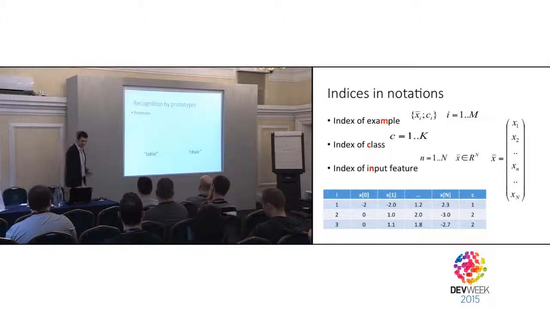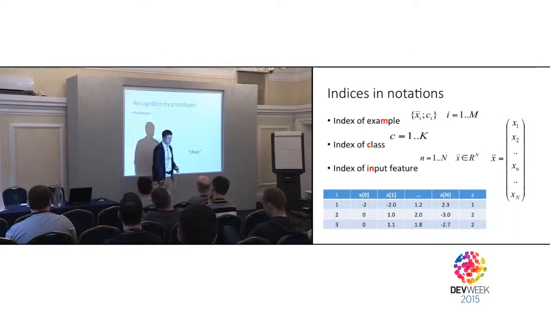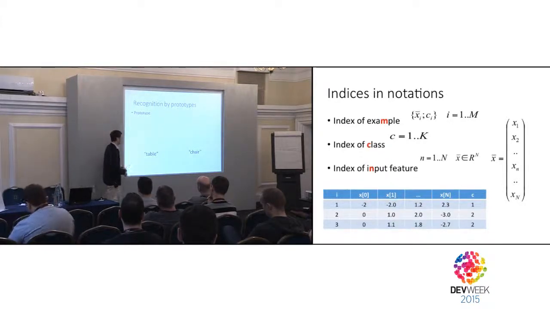So let's try to study the first and the simplest method of recognition that we people also use quite often. And it's called recognition by prototypes. What is a prototype? There is some kind of abstract representation of the different classes of objects that we all have.